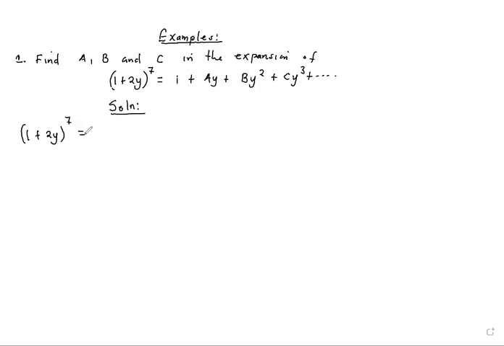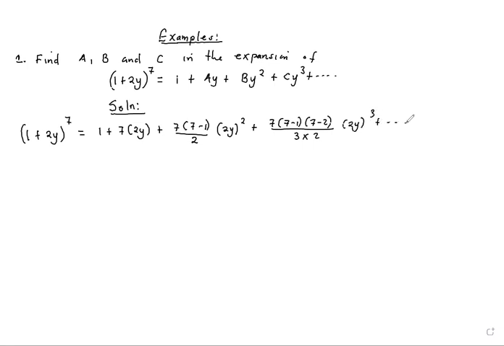This will be the same as 1 plus 7, our n, multiplied by 2y, plus 7 minus 1 over 2 multiplied by 2y squared, plus 7 minus 1, 7 minus 2 over 3 factorial, which is 3 times 2, times 2y power 3. Once I reach power 3, I stop.